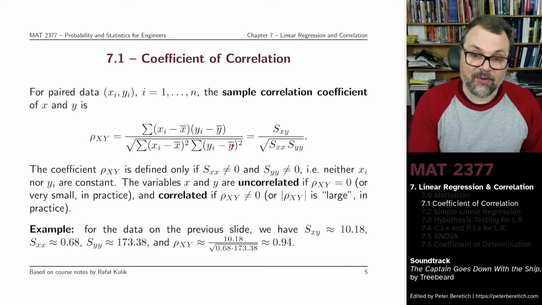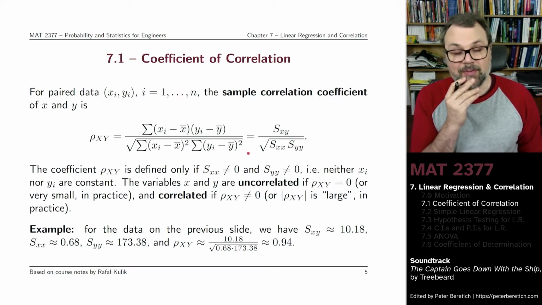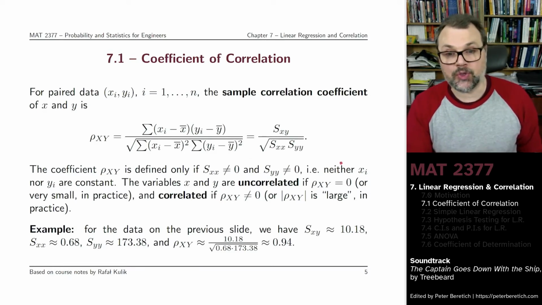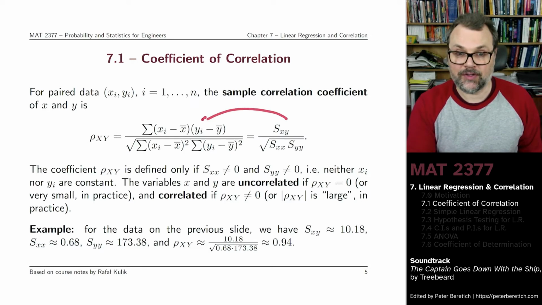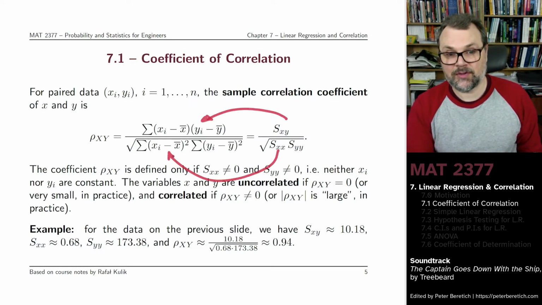Now we'll have to write these expressions quite a lot, and so in order to keep things simple, we're going to use a shorthand notation. Sxy stands for this expression. Sxx stands for this one. Syy stands for this one.